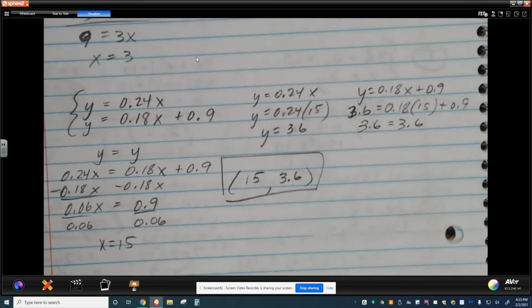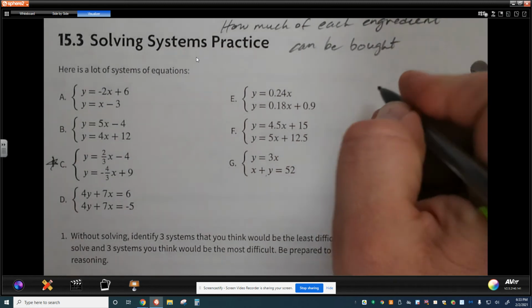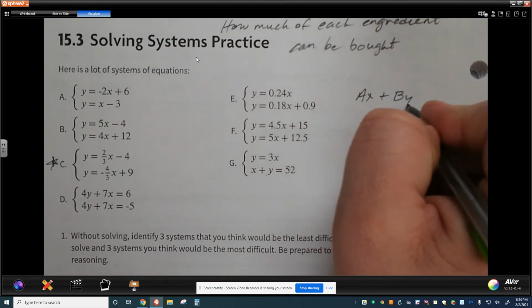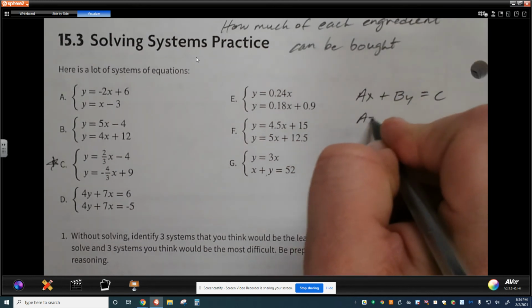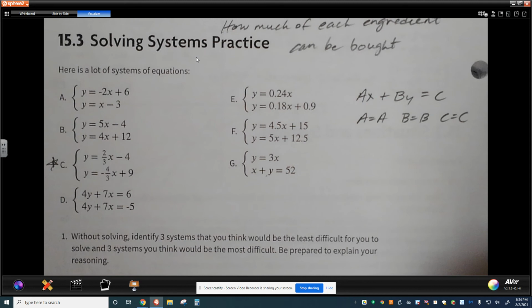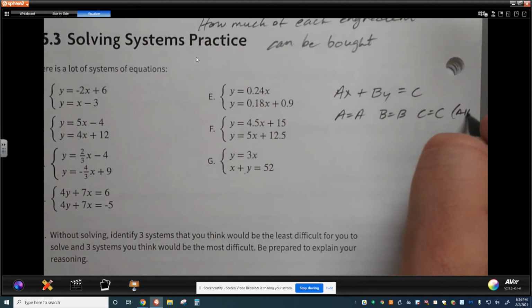So one thing I would caution you on, don't automatically assume that there's always one solution. Not every single line is going to intersect. There can be no solution or infinite solutions. Pay attention to the slopes, pay attention to the y-intercepts, pay attention to the things that we talked about before. Things like when you have it in the form ax plus by equals c, a equals a, b equals b, c equals c, infinite solutions or all solutions.